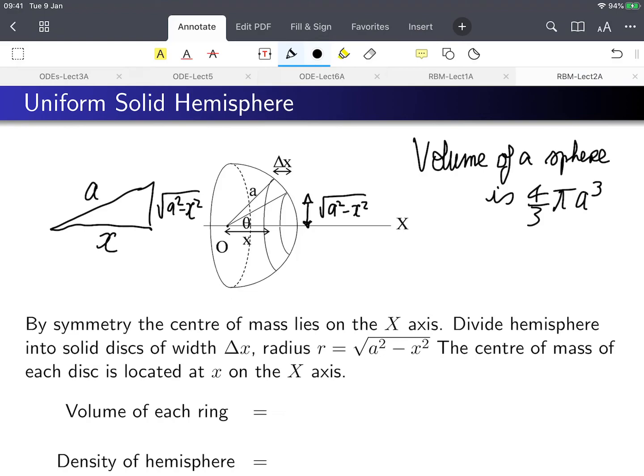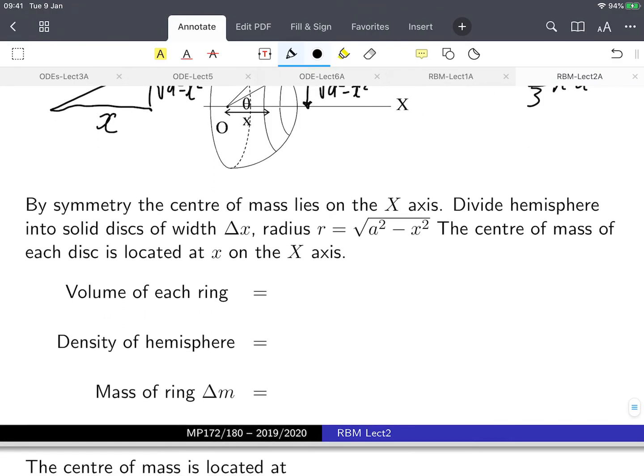So we do the same reasoning now. Volume of each ring, and so on and so forth. Introduce density, and then find the mass of each ring. So volume of each ring, delta V, is going to be pi r squared. So now I have a disk of radius r, which is the square root, and thickness delta x.